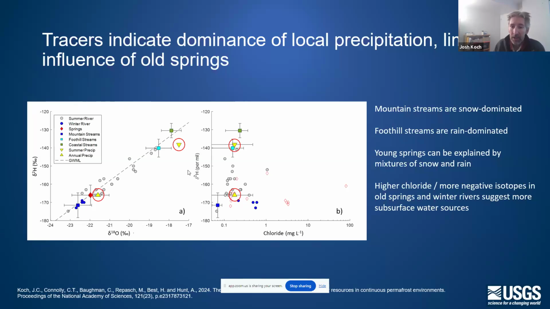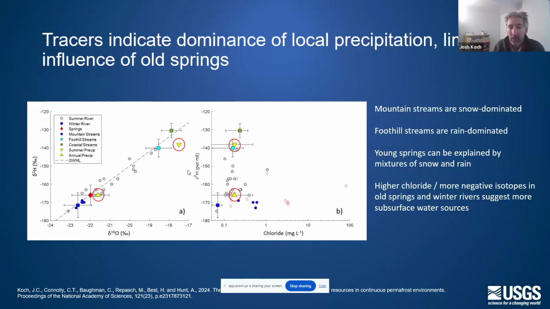The place where this breaks down a little bit is in the winter, where we're seeing our winter water is looking obviously close to our annual precipitation and more snow-like, but also showing potentially some evidence of flow through the subsurface with some elevated chloride concentrations, and again maybe a little bit of influence from this older spring water.